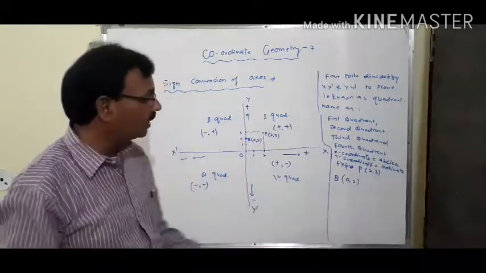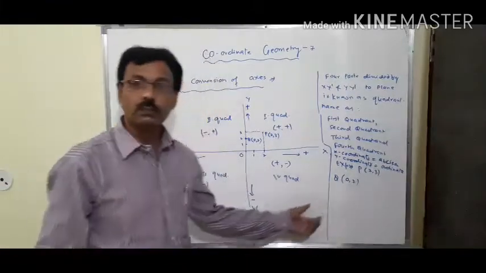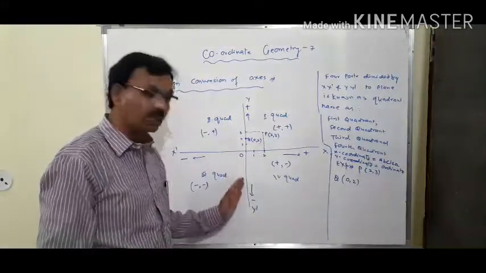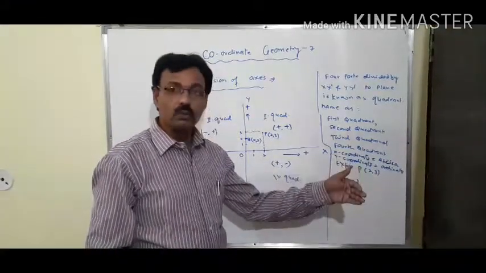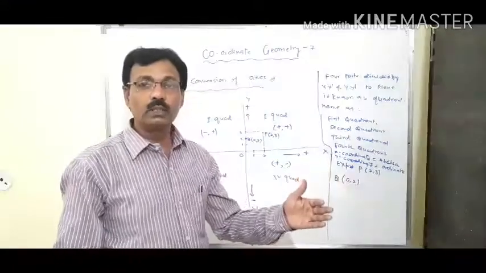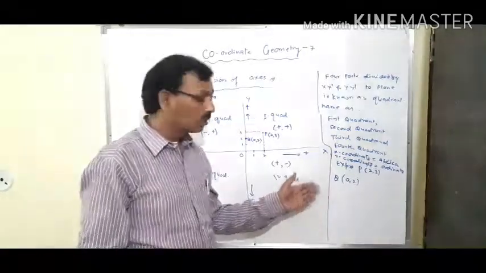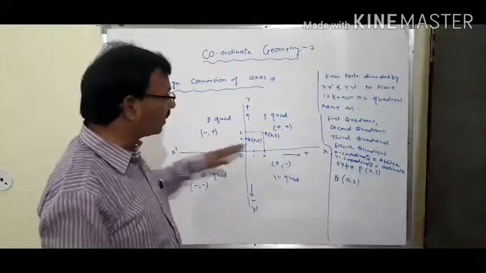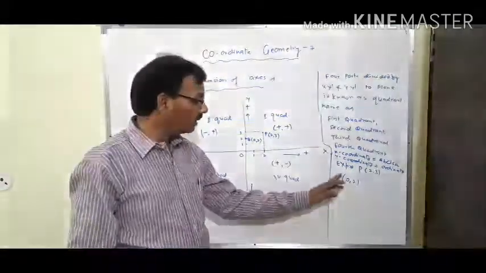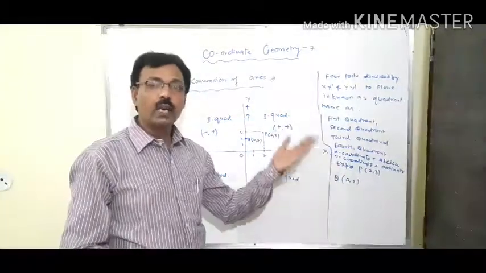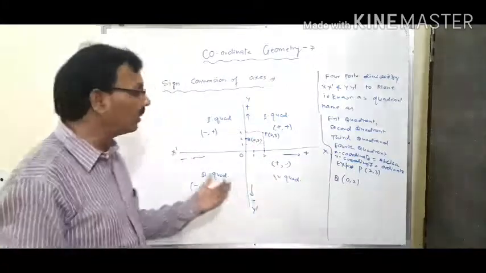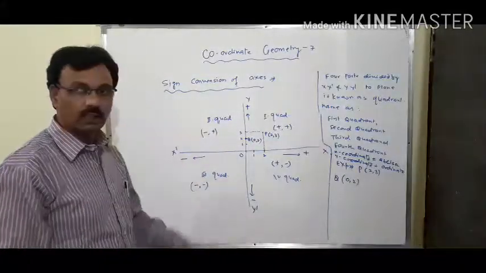In the same way, if this is negative, then the point lies in the negative direction on the y-axis. If it is 2, 0, then the x coordinate is not 0, so the point lies on the x-axis, in the positive direction, and if it is negative, it lies in the negative direction on the x-axis.